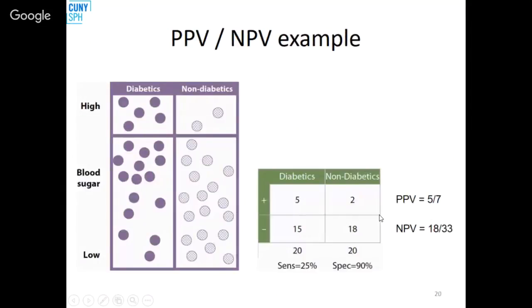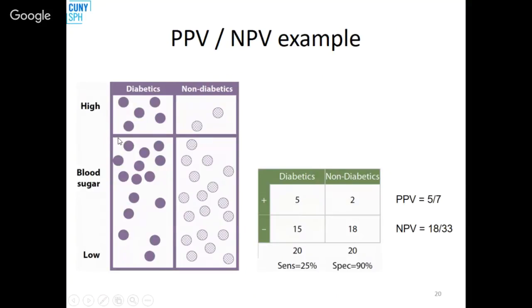I lost my slide here in the other instance, but if we were to move the threshold back down here, then among those receiving a positive test, their PPV would be getting down closer to 50%, and the negative predictive value would be getting better.